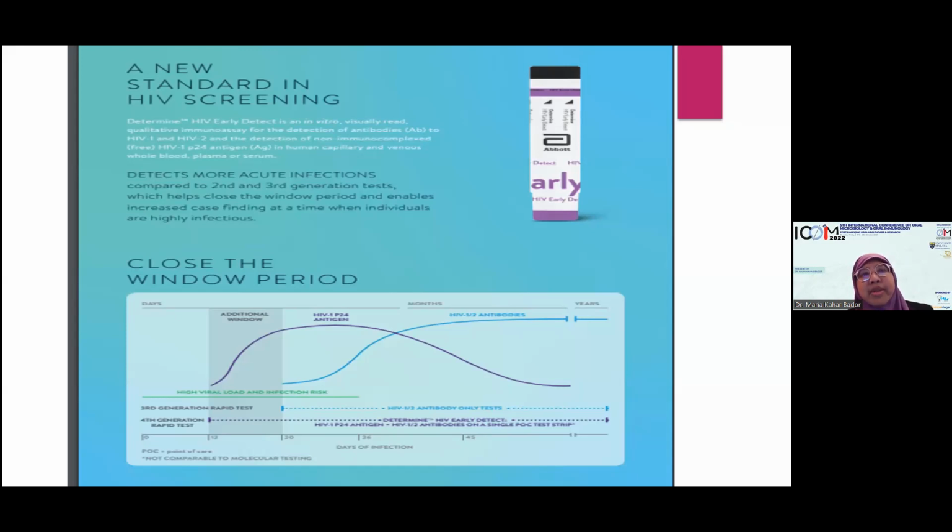They sent some articles showing 97% sensitivity and 100% specificity, but obviously we would have to do our own evaluation. Unlike the previous one, which did not have the P24, this RDT has the P24 and should in theory be able to detect early infections.